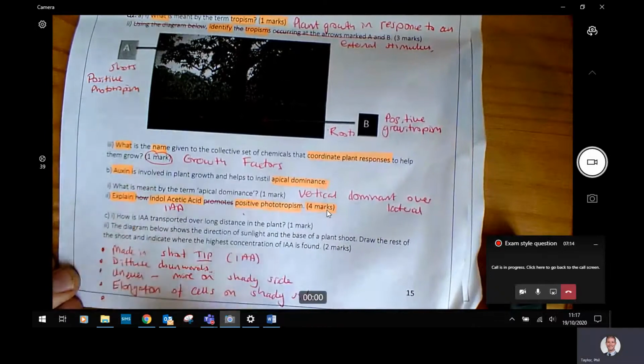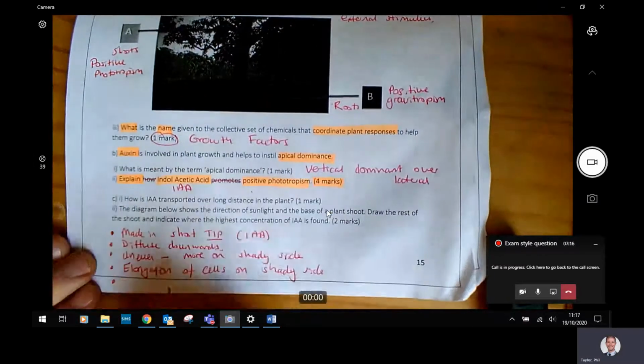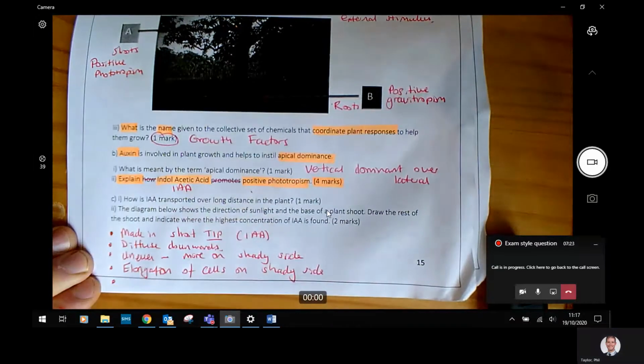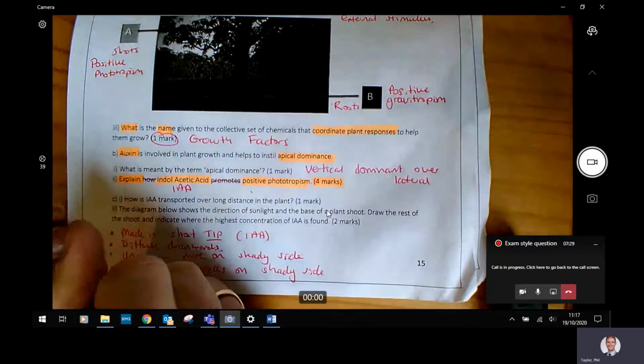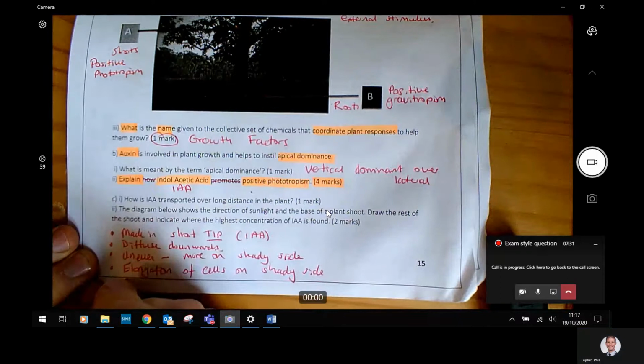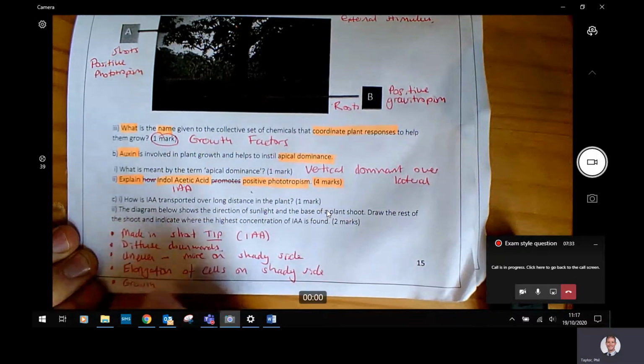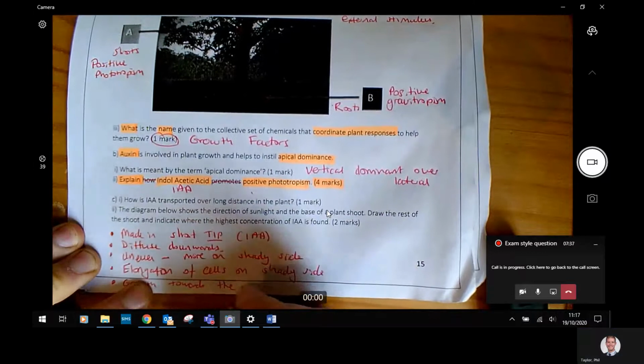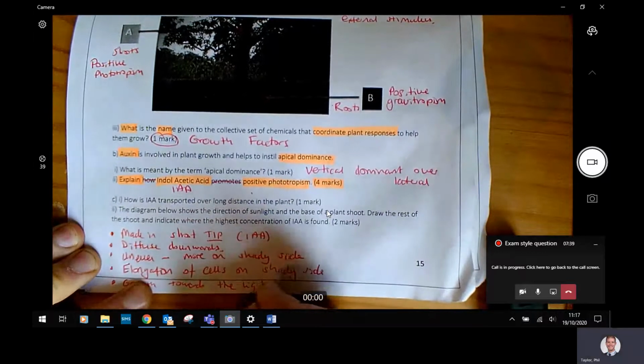So finally, if we've got the elongation of cells on the shady side, we must be saying that the shady side is going to grow more, so it's going to bend towards the light. So there's going to be growth towards the light.